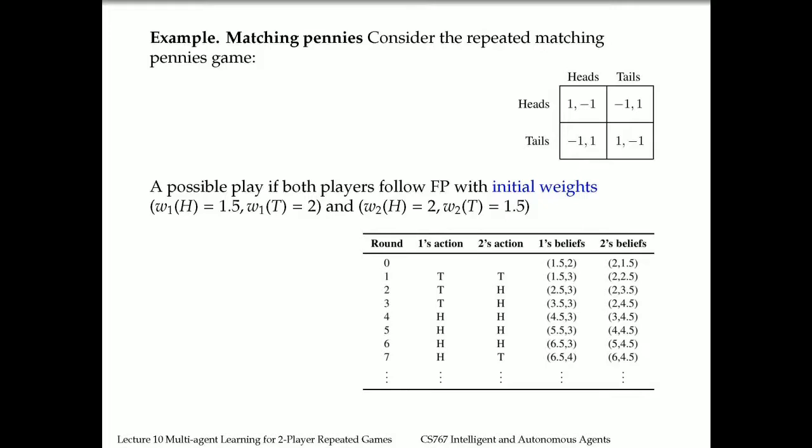Right. And now suppose that with these initial weights as the initial beliefs, the agents are making their own decision about what to play in each stage. So at round 0, we have these beliefs, 1.5, 2, and 2, 1.5.